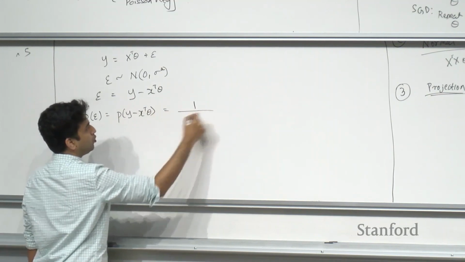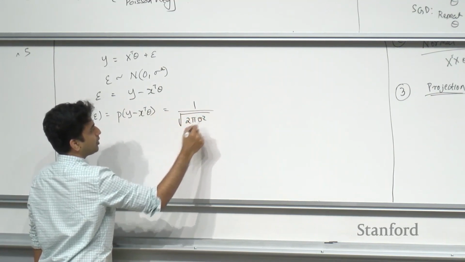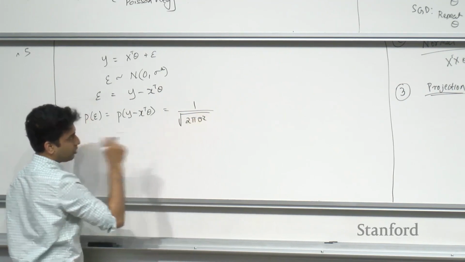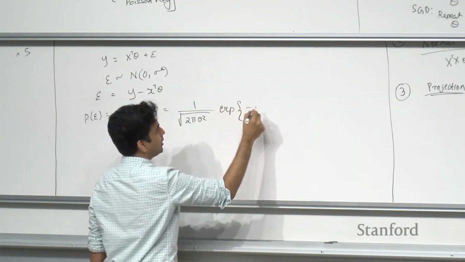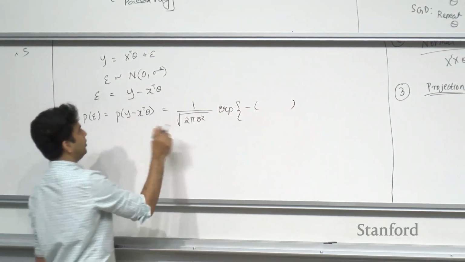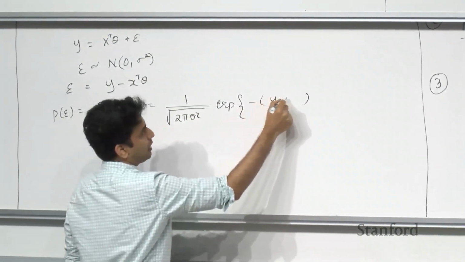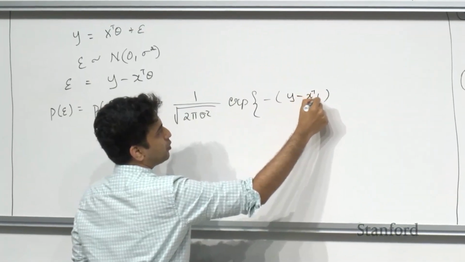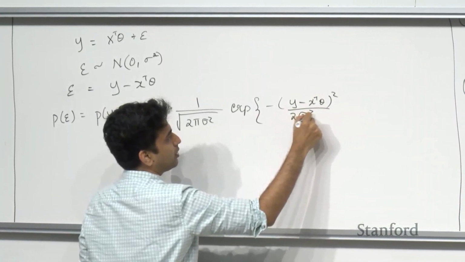It should be 1 over the square root of 2 pi sigma squared, where sigma squared is inside the square root, times exponent minus, since this has mean 0, it would be this minus 0 squared, which is just (y minus X transpose theta) squared divided by 2 sigma squared.